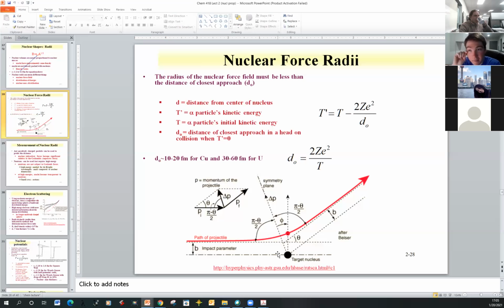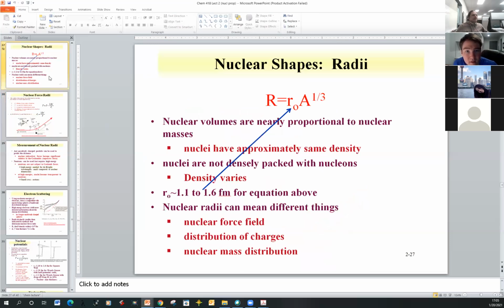All right. I did have a quick note while we're on this slide. We have this equation here with the D naught, and I wanted to make a comparison with the radius equation on the previous slide, this R naught.